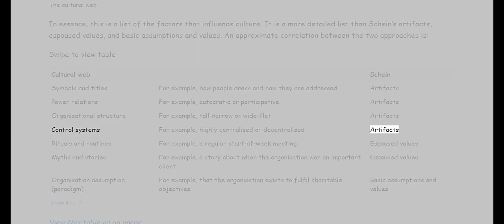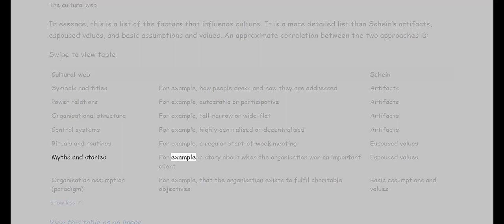Artifacts. Rituals and routines. For example, a regular start of week meeting. Espoused values. Myths and stories.